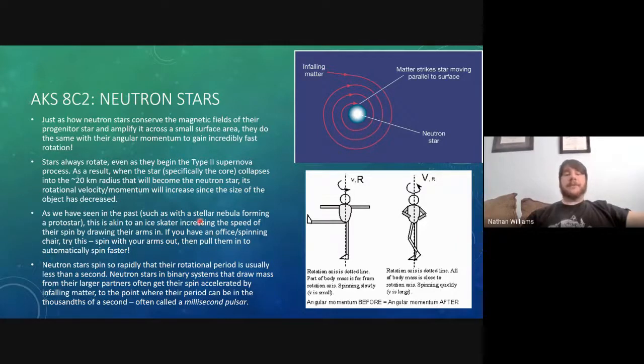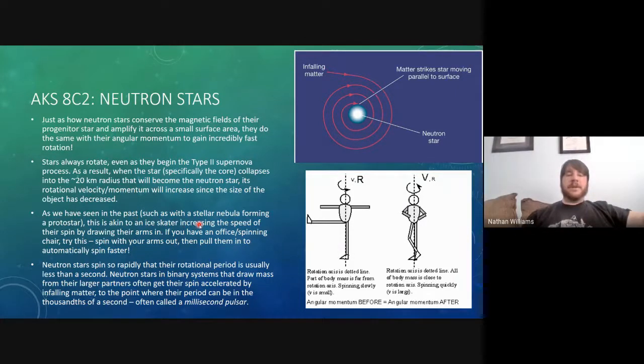One example is the conversion of a stellar nebula into a protostar. Protostars spin faster than the stellar nebula that formed them because they get smaller. Gravity is condensing or compressing them. Again, a very common example, almost always given when talking about conservation of angular momentum, is an ice skater.